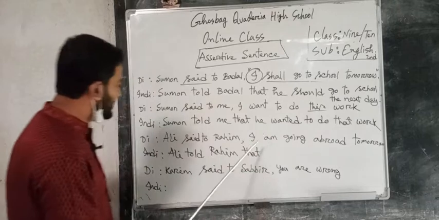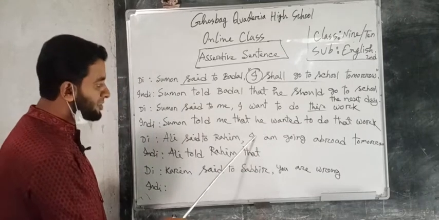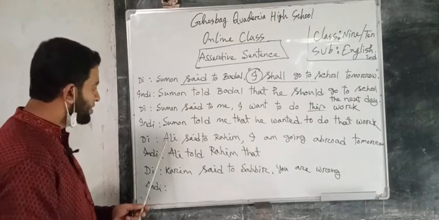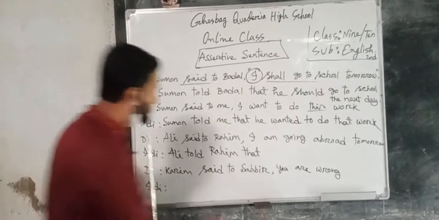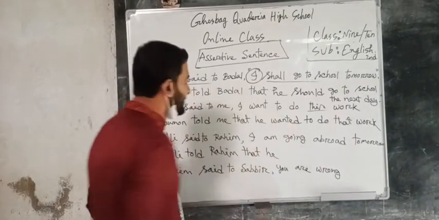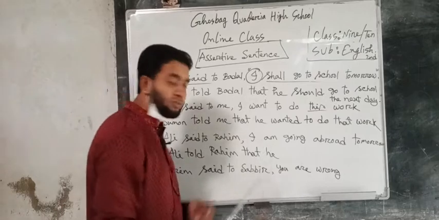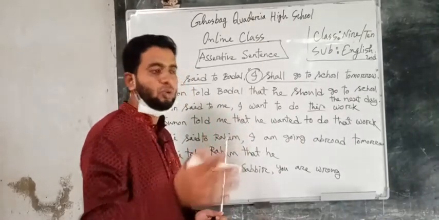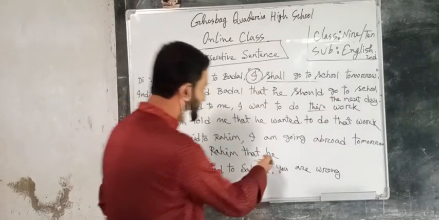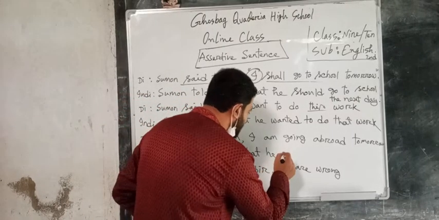Here is I, that means this is first person. First person you have to change with the subject of the reporting verb, Ali. This is also a person. That's why you have to use he, that he. And now you have to change tense, and am. Instead of am, you have to use was or were. So this is singular. That's why we use was.